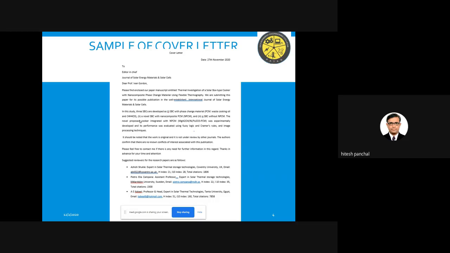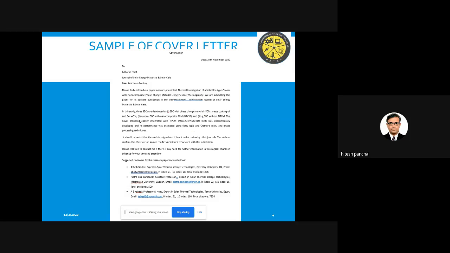Sometimes if you add 3 or 4 names, it may be possible that the editor-in-chief can send your manuscript to these reviewers, but the chance is around 5 to 10%. Only 5 to 10% of the time the suggested reviewers will be sent. The remaining 90% of the time, it will never be sent to the reviewers which you have suggested.